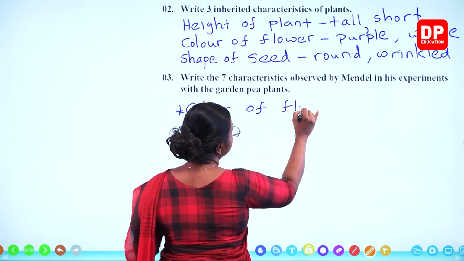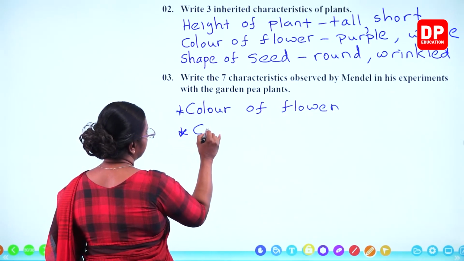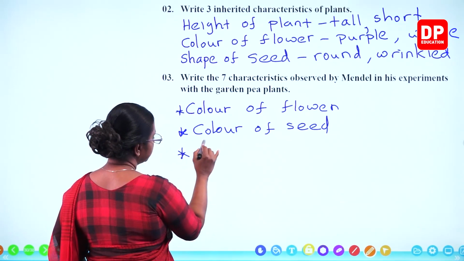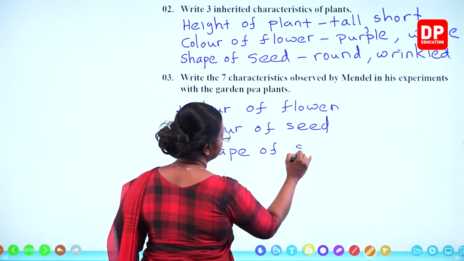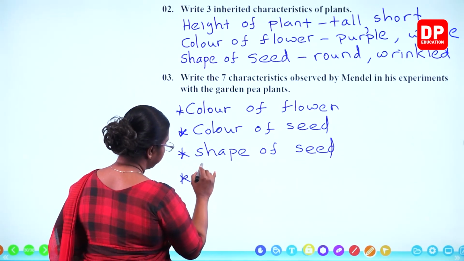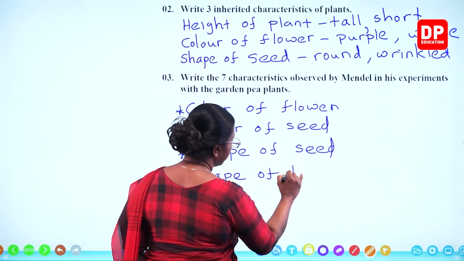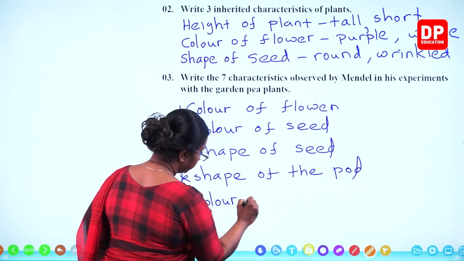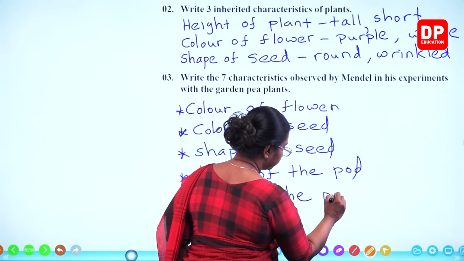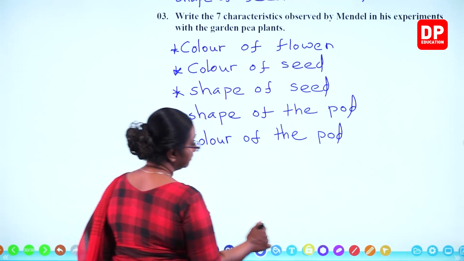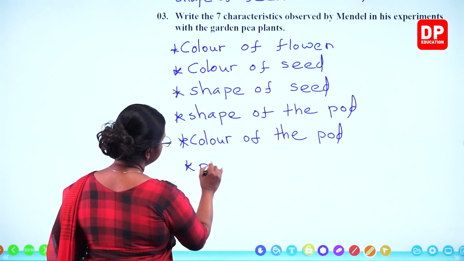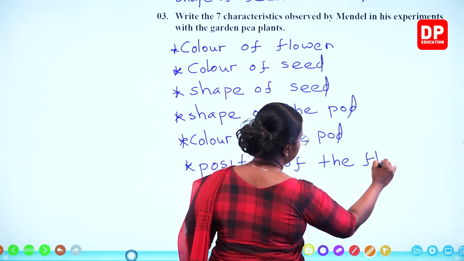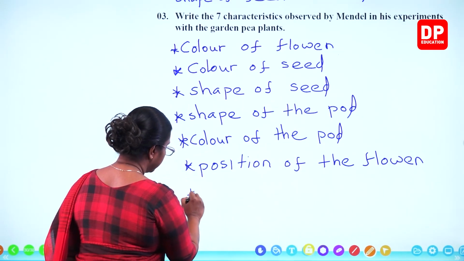Color of flower, color of seed, then shape of seed, shape of pod, color of the pod, then you have position of the flower, and the height of the plant.